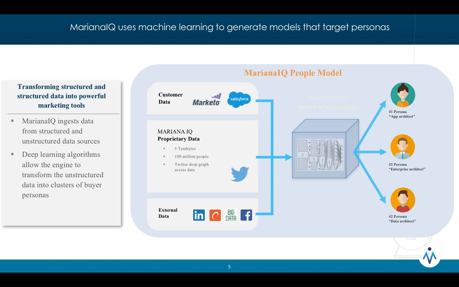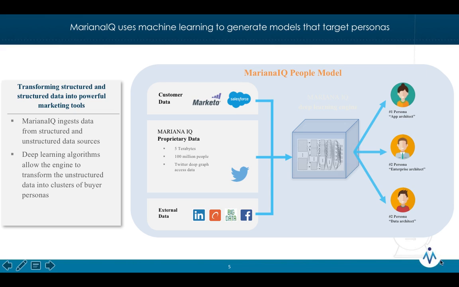This data is text data and image data, unstructured data from Twitter and from other usual suspects in B2B, such as ZoomInfo and Clearbit and so on and so forth. We augment the data that we get from you with the data that we have, and using deep learning, we automatically form these clusters that we call personas. These clusters are of people with semantically similar titles and semantically similar interests and roles.